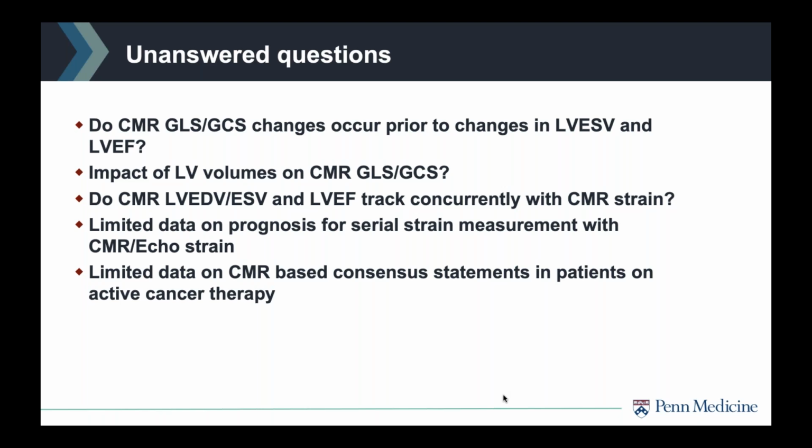What impact does this have on strain analysis? And do CMR LV volumes and LVEF track concurrently with CMR strain? There is also very limited data on the prognosis of serial strain measurements with CMR and echo, and very limited data on consensus statements on the utility of CMR strain in patients undergoing active chemotherapy.